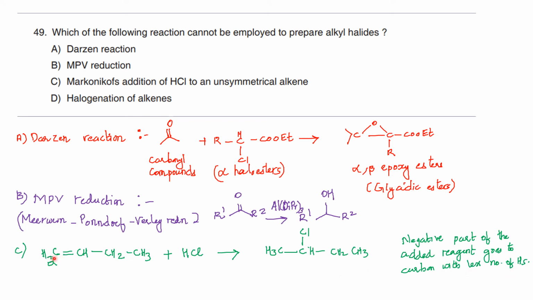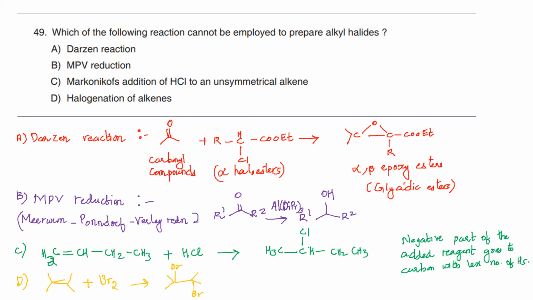That is, when you consider the different carbon atoms, this is the one which has got fewer hydrogens. So halogen will be added here. So this is the Markovnikov's product. This is actually an alkyl halide. Therefore, this is a method for synthesizing alkyl halide. So this is a right one. You have to find out the reaction which is not employed for the purpose. So this is not the correct option.